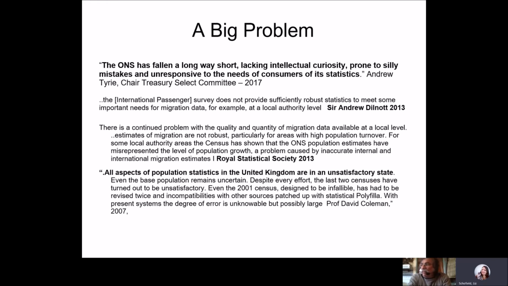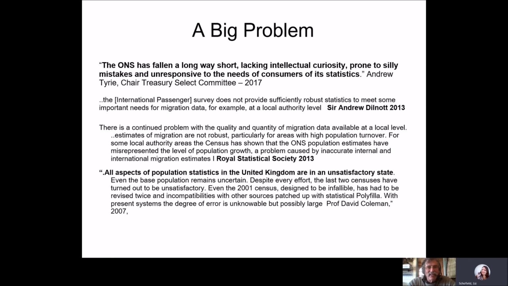So you may wonder, is this news? Am I revealing a new scandal? And sadly, this is an old problem. And here are just some quotes over time. In 2017, Andrew Tyrie, then a member of Parliament and chair of the Treasury Select Committee, said, the ONS has fallen a long way short, lacking intellectual curiosity, prone to silly mistakes, and unresponsive to the needs of consumers of its statistics.